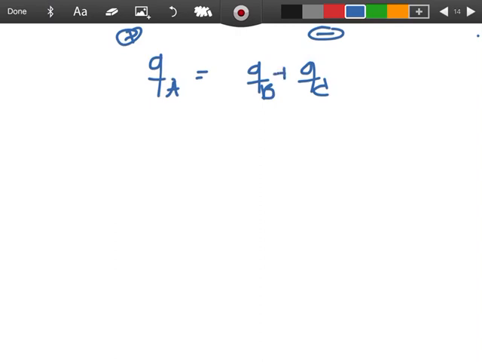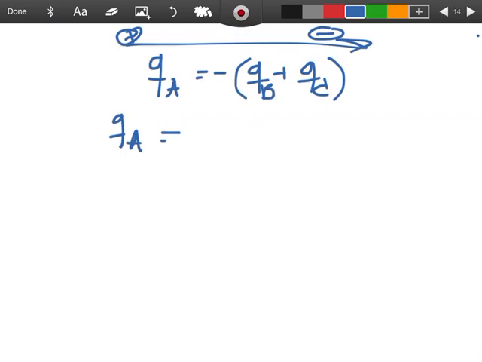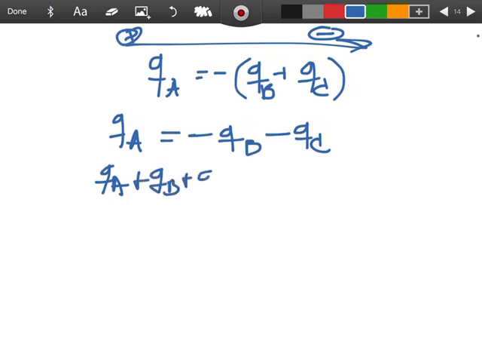I am going to add these ones, and both of them are going to be multiplied by a negative sign. Why? Because of the direction of heat. Very well. So if this is true, now I know that QA is going to be the same as minus QB minus QC. And if that is true, then I can clear this equation, and I will always know that QA plus QB plus QC will always be 0.